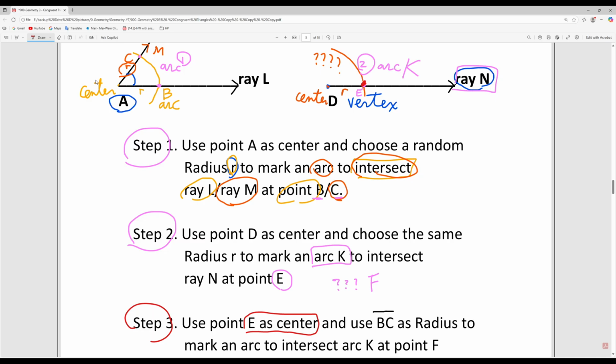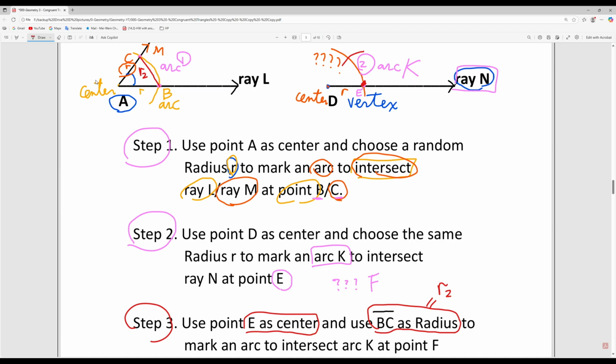But what's the radius for this arc? You use BC as a radius. So we call it radius 2. How about that? So BC, where's BC here? This radius 2. You use BC as a radius. And then you mark an arc here.